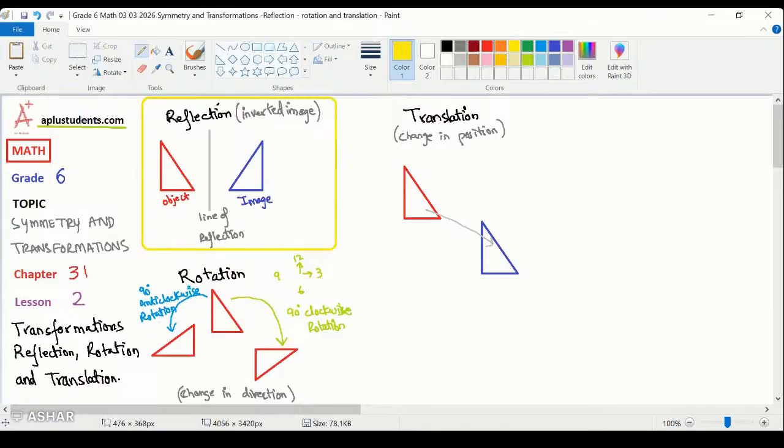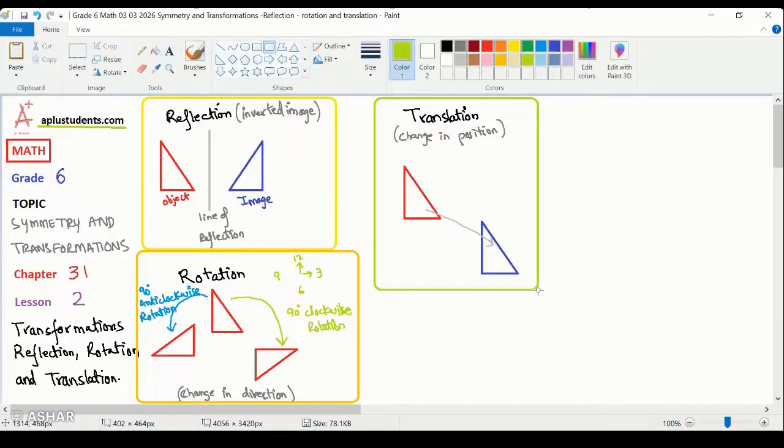See, I'm just highlighting them, just giving you a brief review of what they are, and then I'll explain each and every one by examples, okay? So all I'm asking you is to remember, in a reflection, the image and the object.